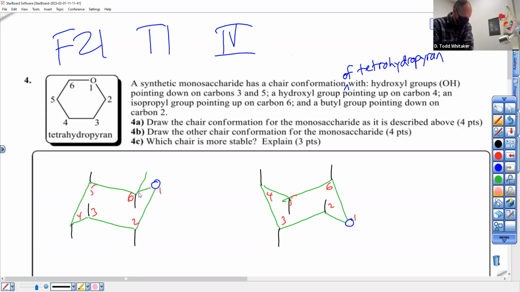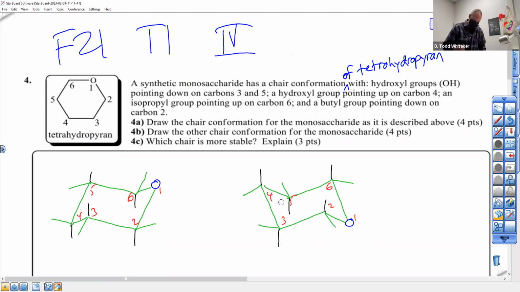Okay. And I'll just quickly do all of the other equatorials. It's a good exercise. Okay. Seems like an octet violation over here because I got a little carried away drawing my bonds. There you go. That's better. And now you just follow the instructions.